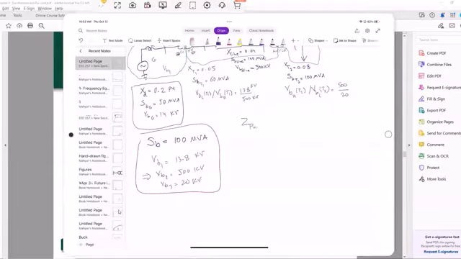Z per unit, the new value over Z per unit, the old value, would be the same as S base new over S base old times V base old over V base new squared.